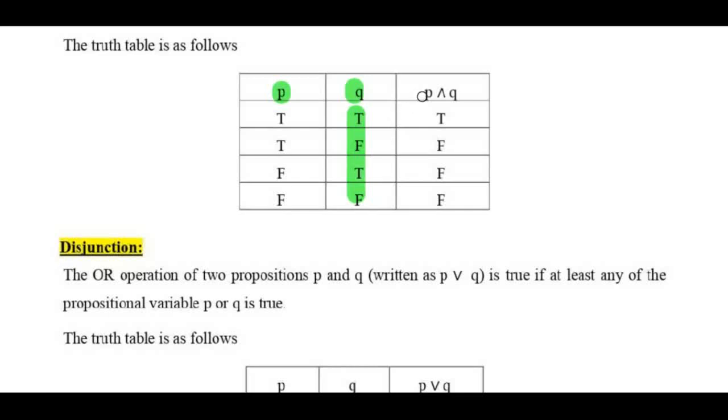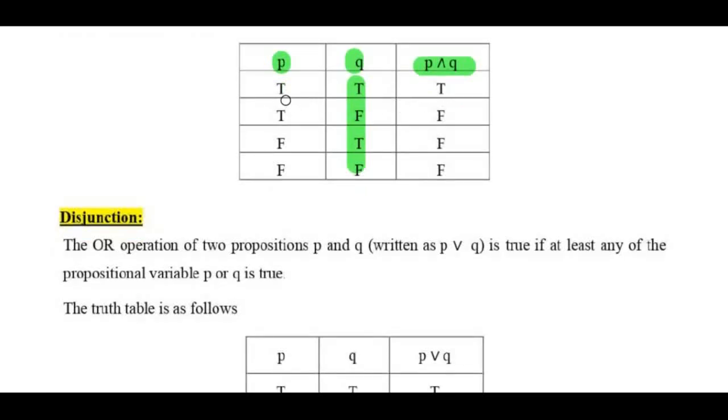Now I am going to find P and Q. P and Q is true only if both statements are true. Here the first statement is true, the second is true, so you get true. In the second row the first is true, the second is false, you get false. In the third row the first is false, the second is true, you get false. Similarly, the last one is also false. So conjunction connective is nothing but both statements true gives P and Q true. The rest of the cases are false.